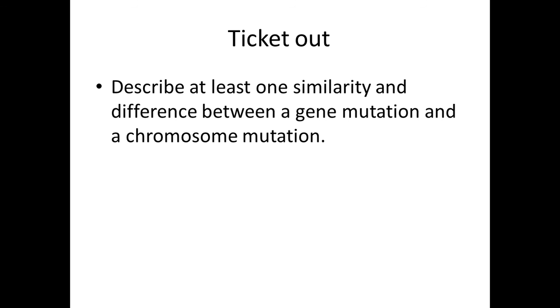Now, if you remember back from what I was saying earlier, a gene mutation just affects a very specific gene. So maybe the gene that codes for your eye color, or the gene that codes for your hair color, or something like that. If I had a mutation on that, I'm going to have a very specific outcome based on just that one gene being affected. It's not like everything else is going to be affected, just the thing that that gene codes for.